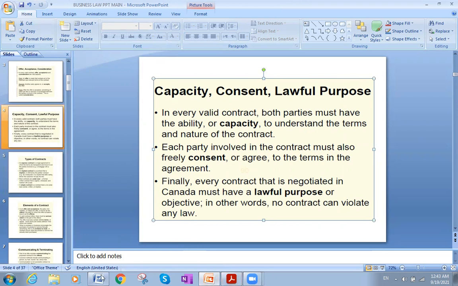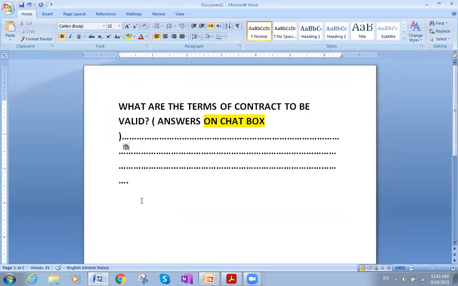Please work on the question. The question is here. We have 5 minutes to end this mission before we move on to the other point.